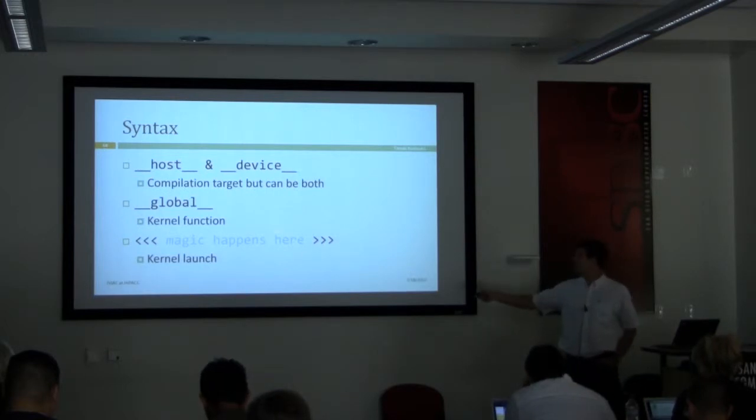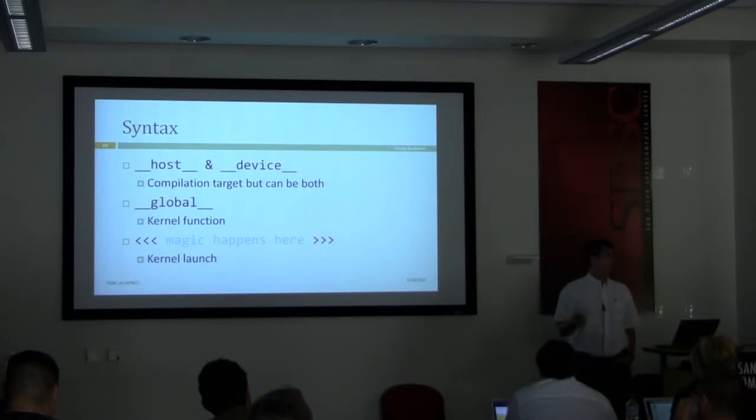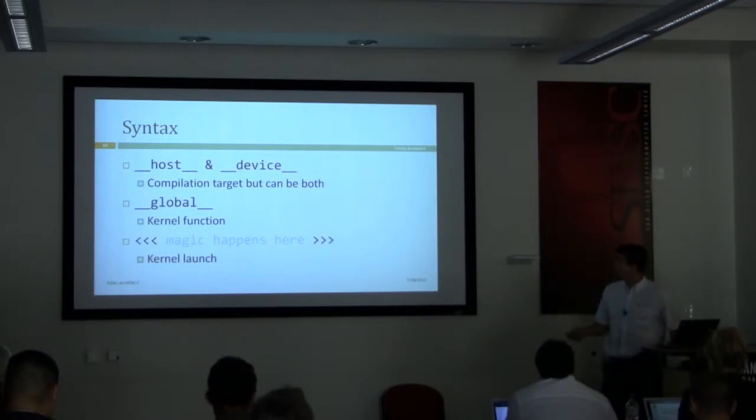So in this triple brackets, you will specify all the parameters that are required to launch that kernel. Essentially, how big the blocks are, how many blocks you have, and so on and so on. And there are other things as well, optionally. We probably won't get there. Okay, so that's the syntax.